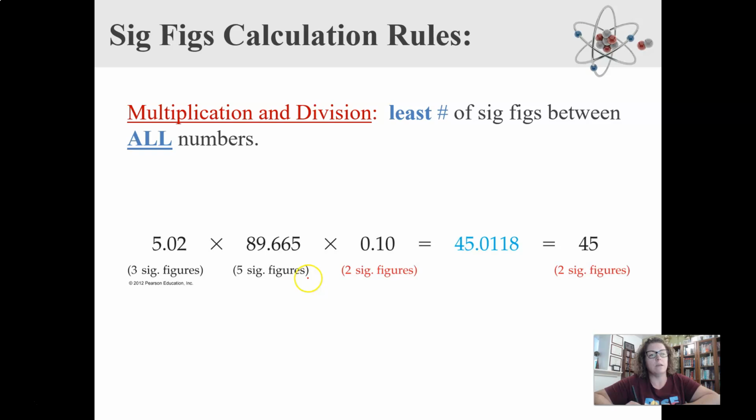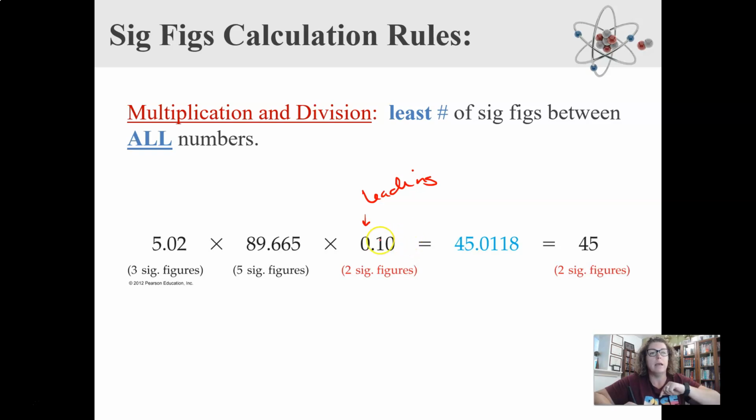89.665, that's 5 sig figs. And this last one, I know some students in the beginning would be like, well, that's 3 sig figs, but it's not, because remember this 0 in the front, that's a leading 0, and leading zeros don't count as sig figs. But the 0 at the end, called a trailing 0, does count because remember there's 2 parts to that rule.